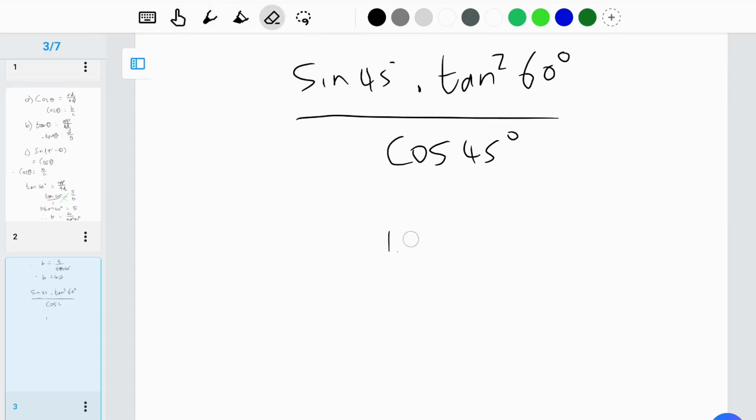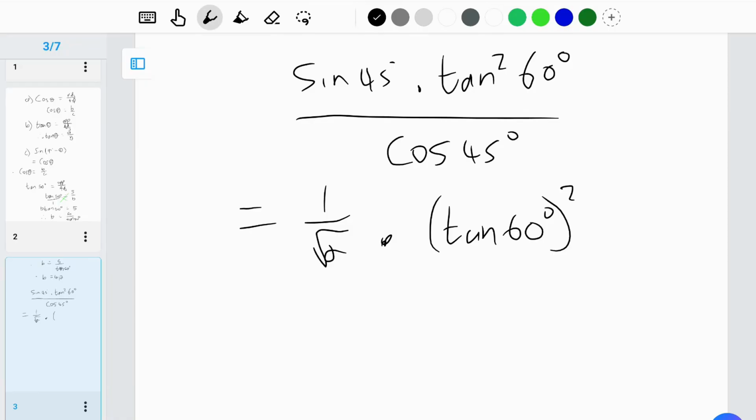Again, from my previous videos, you would have heard about special angles, and you would know now that sine 45 is 1 over root 2. Your tan squared 60 can be written as tan 60 degrees squared, over cos 45, which is also 1 over root 2.